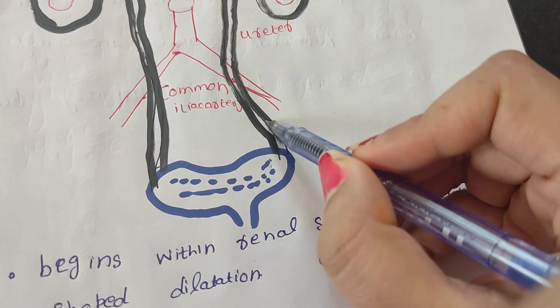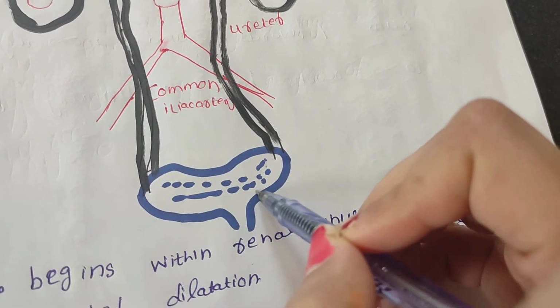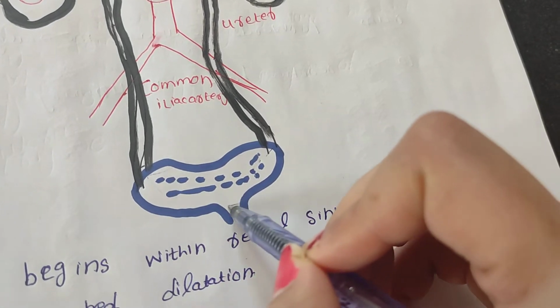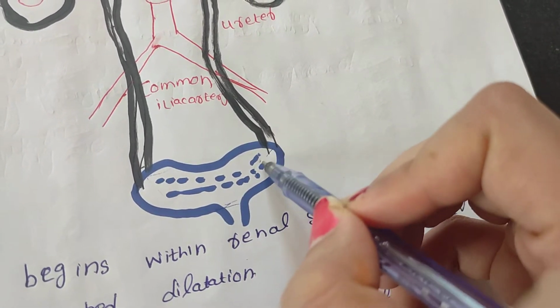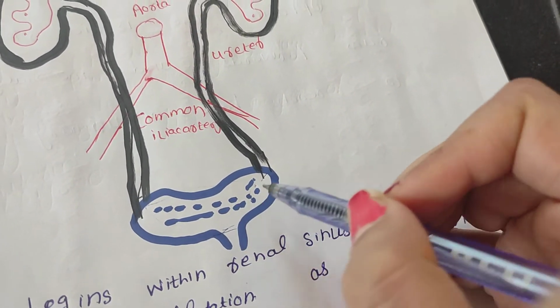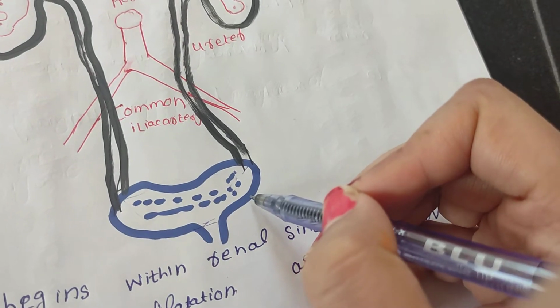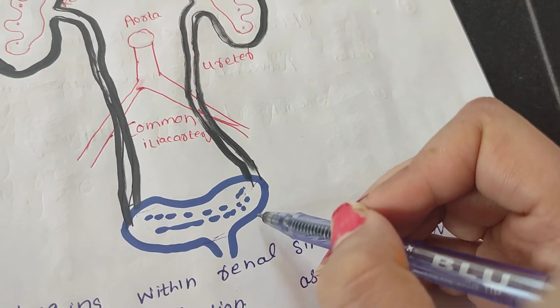This is the oblique passage, so this is the fourth site. After that, the bladder forms a trigone shape. So this is the trigone area. So they say the fifth place is when it reaches the lateral angle of the trigone. This is the lateral angle of the trigone of the bladder. So this is the fifth common site for constriction.